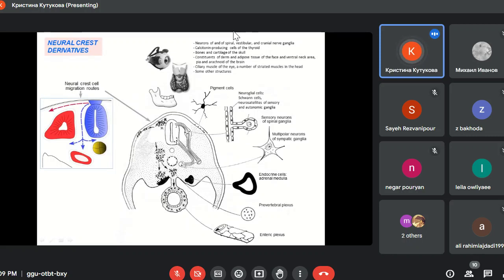And others, which migrate ventrally, develop into neurons, supporting glial cells of the peripheral nervous system, sensory ganglion cells, endocrine cells of adrenal medulla, in adrenal gland, prevertebral plexuses, also neurons. So these are the derivatives of neural crest. The neural tube will develop into brain and spinal cord.